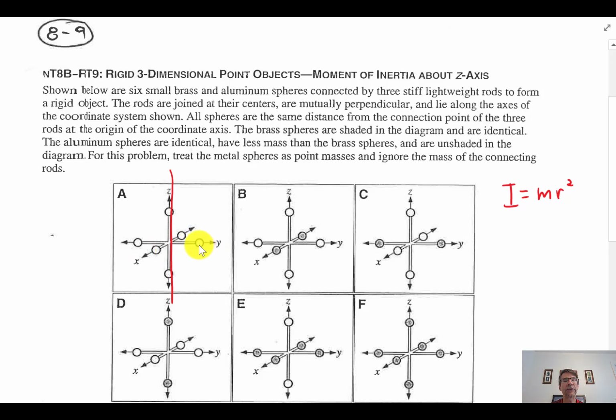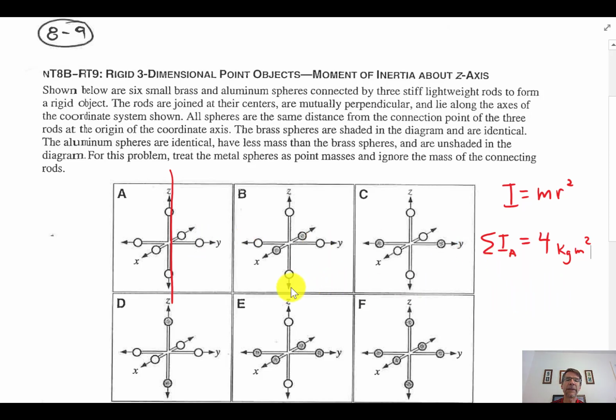Let's say the radius is 1, the mass is 1, so each little mass will have a moment of inertia of 1 times 1 squared is 1, but there's 4 of them in part A. So in part A, the sum of all four of the little balls would be 4 units of rotational inertia. And the units are, you really don't need the units in this problem, kilograms meter squared. But it'd be 4 of them. I just made up a mass of 1 and a radius of 1, so each one would have 1 unit of total inertia.